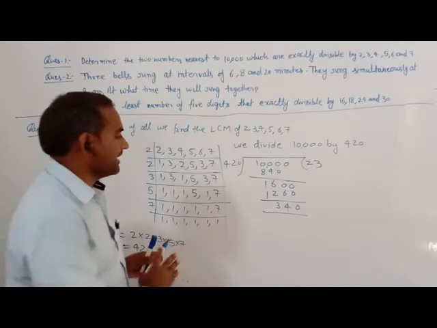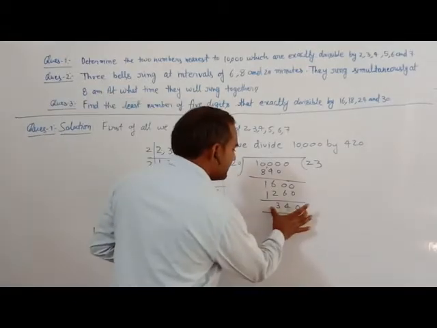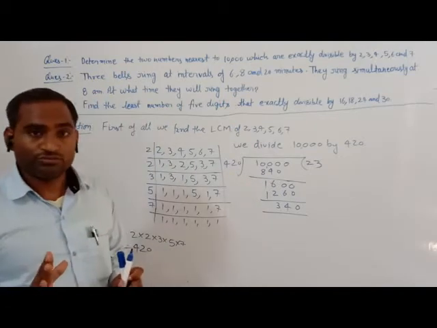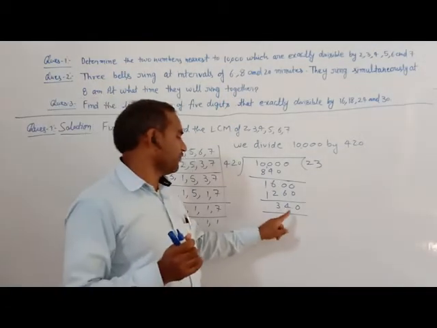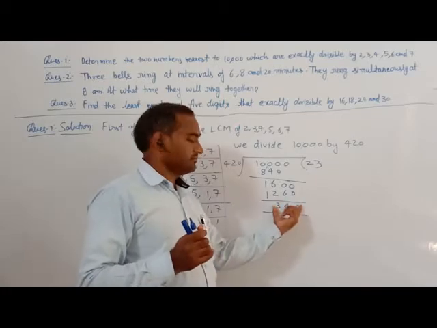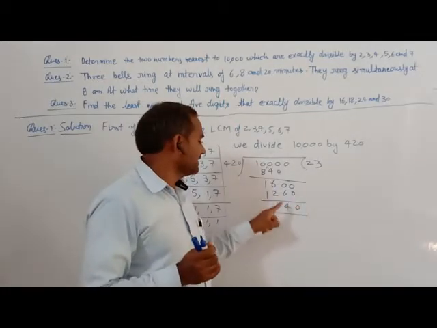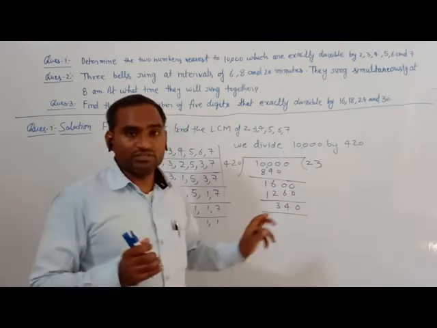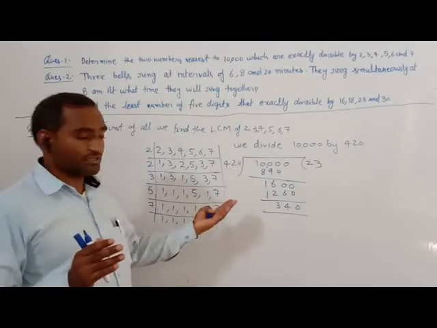If we subtract 340 from 10,000, the remainder becomes 0, and then that will be a number nearest to 10,000.